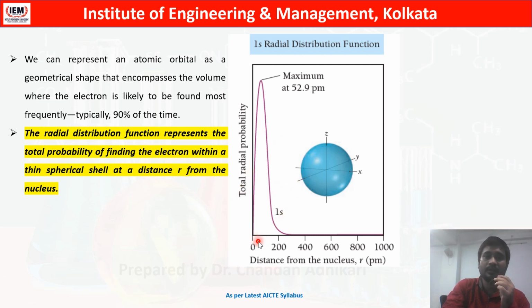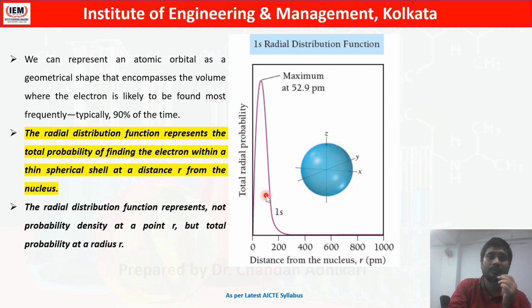And for every orbital there is a distance from the nucleus where the probability of finding the electron is maximum, and there is also a region where the probability of finding the electron is 0. For example, for the 1s orbital this kind of region is not there, but for other orbitals there will be some region where no electron is found, and we will call that region a node. We will discuss that very soon.